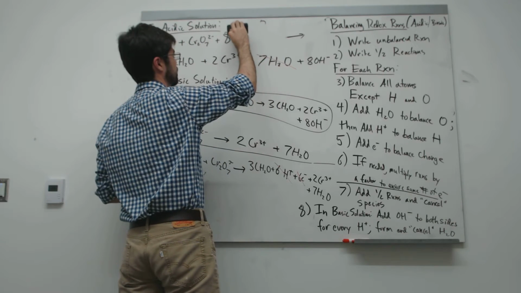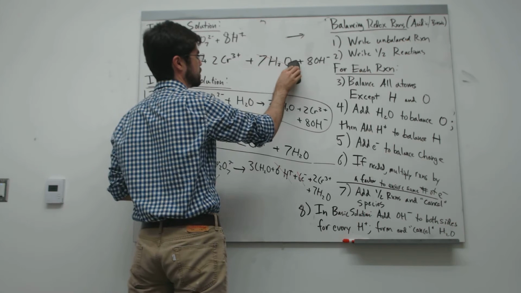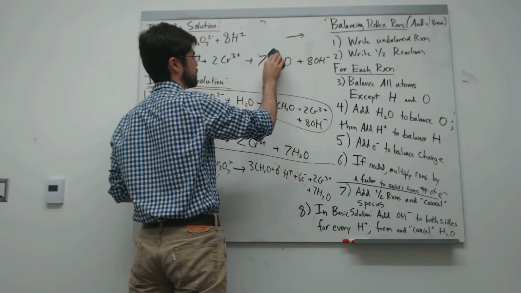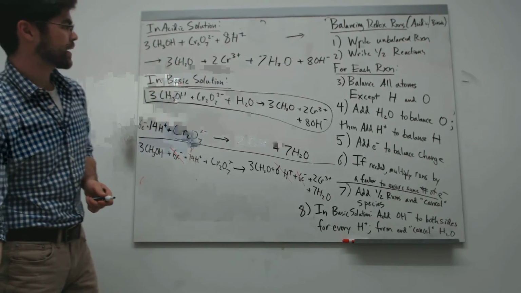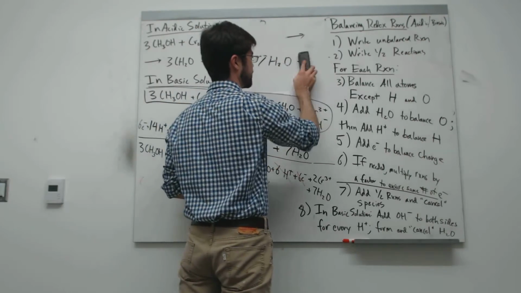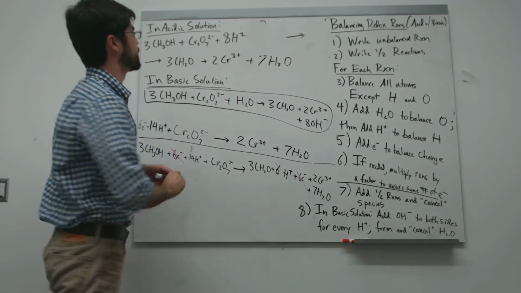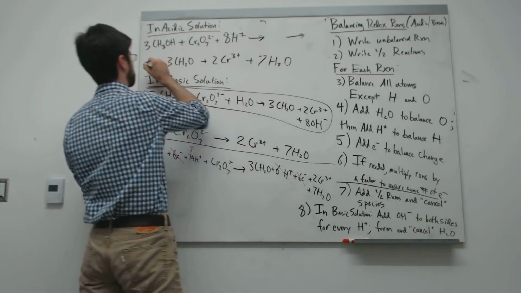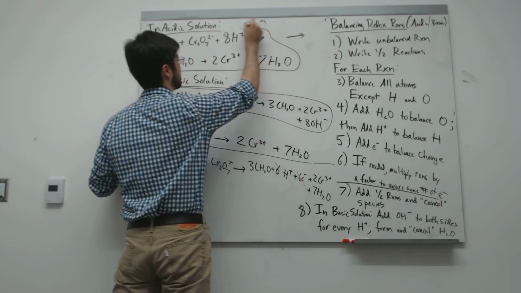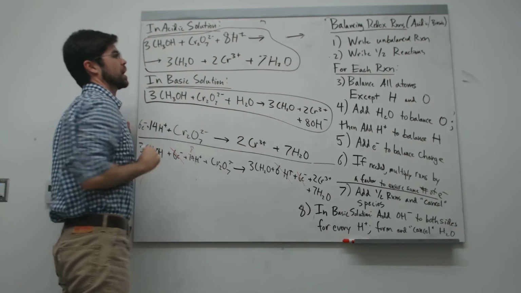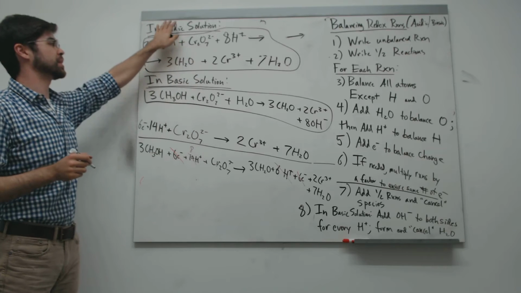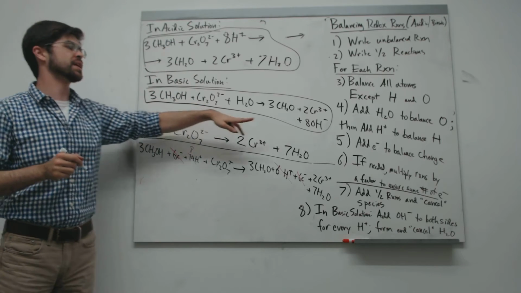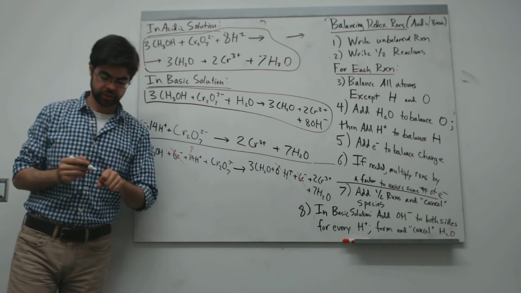So I would have been left here with my 8, oh, and I gotta get rid of these hydroxide ions I added. And then I've got this. So these are my 2 balanced redox reactions between methanol and dichromate, whether it's happening in acidic conditions or whether it's happening in basic conditions.